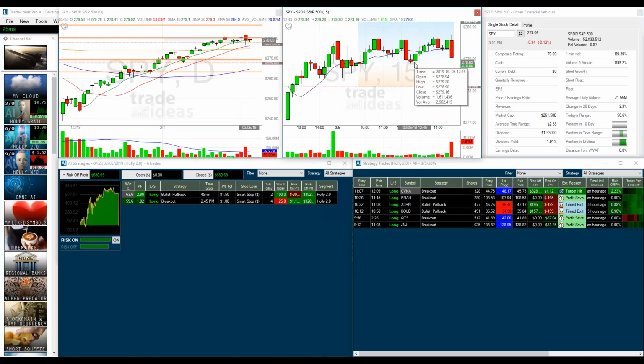This is why I want to be in control. I want to be able to take my profits when I want to, take my stops earlier maybe than Holly. Because I can see more than Holly can. Holly's equipped with a lot of filters, but she's not going to beat your eyes as far as seeing what the market's doing, what sectors are doing, et cetera.